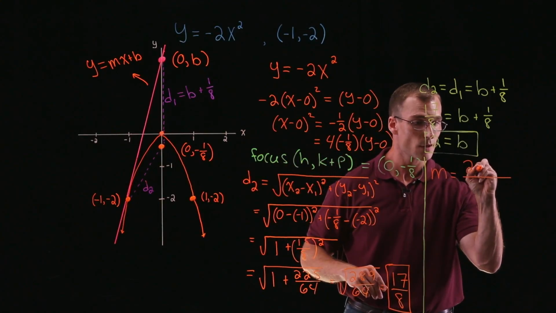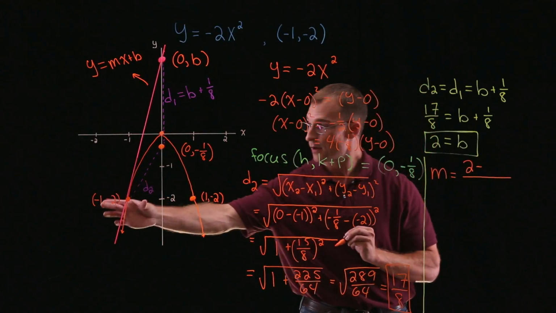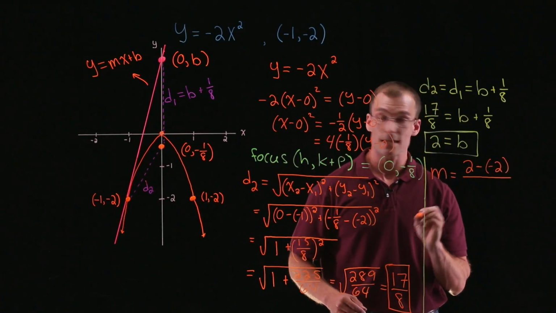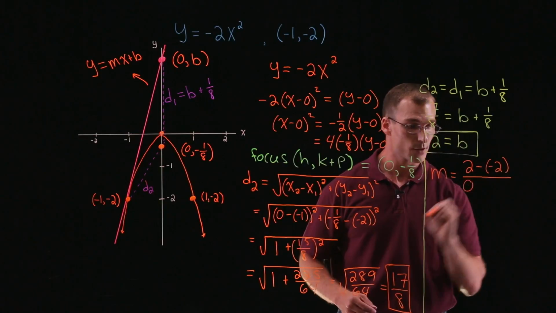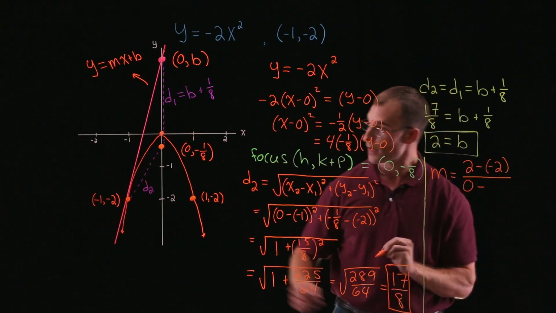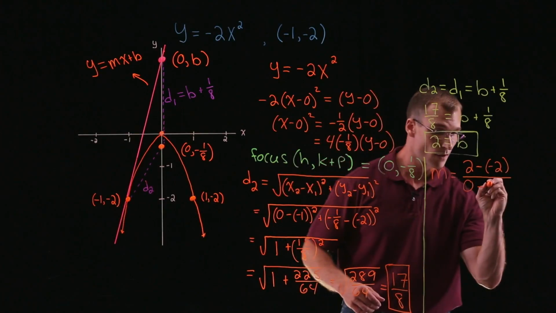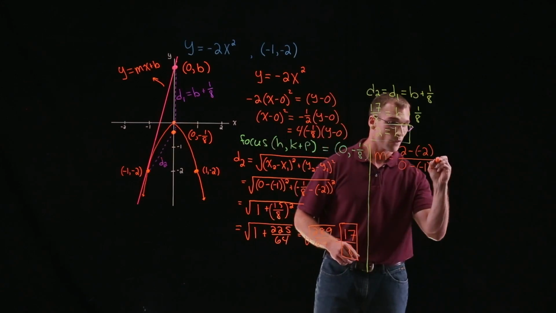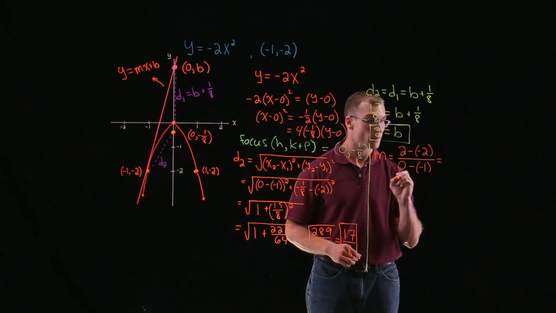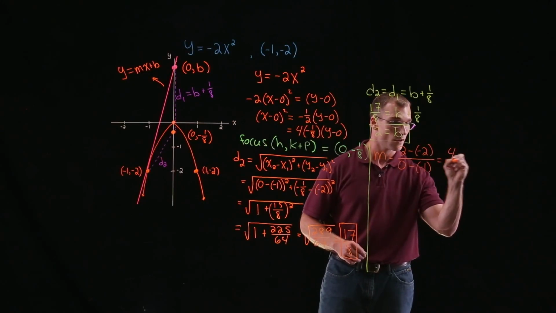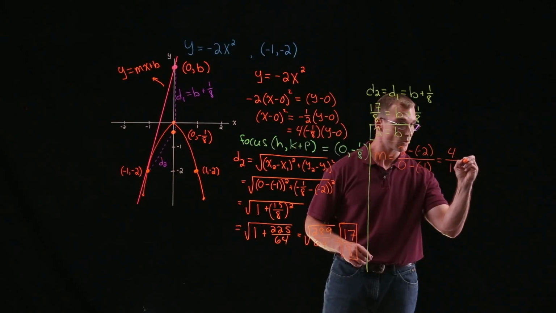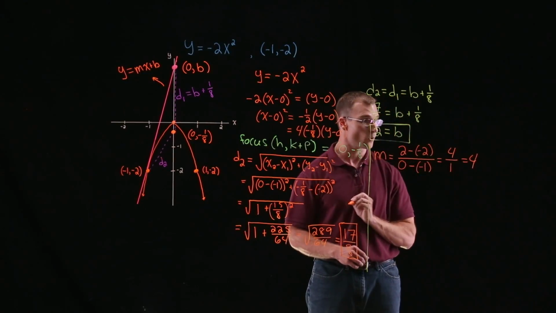So we have 2 minus the y-coordinate of our first point, so 2 minus -2, and then the x-coordinate of our second point, 0 minus the x-coordinate of our first point, so 0 minus -1. And so what does that give us? 2 minus -2 is positive 4, 0 minus -1 is 1, so our slope is equal to 4.